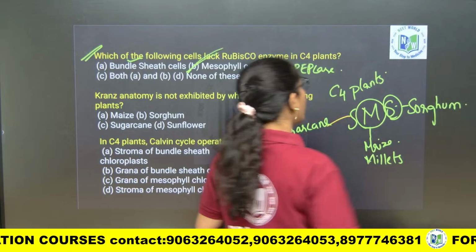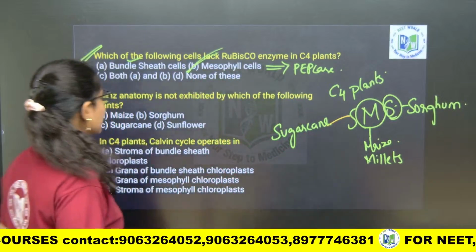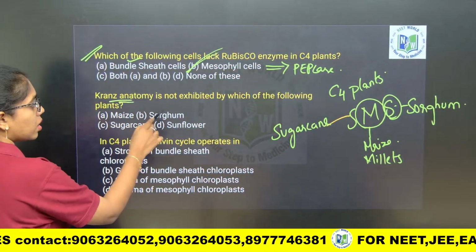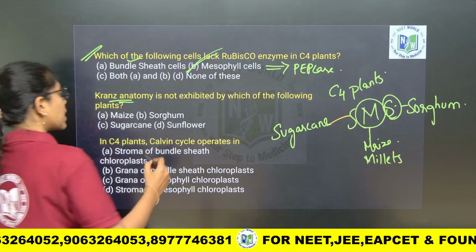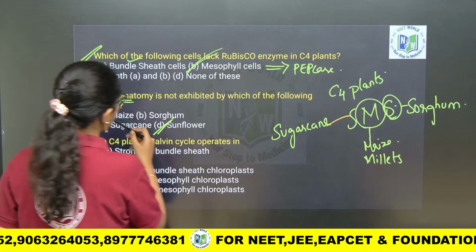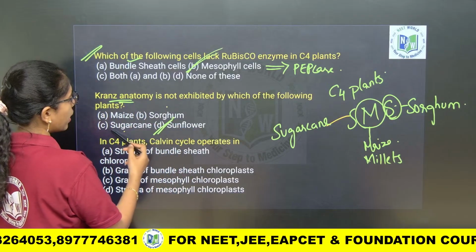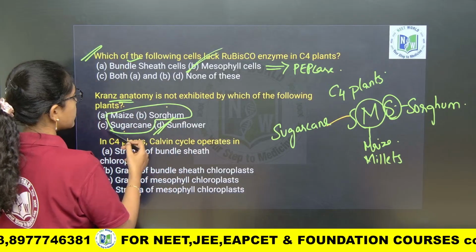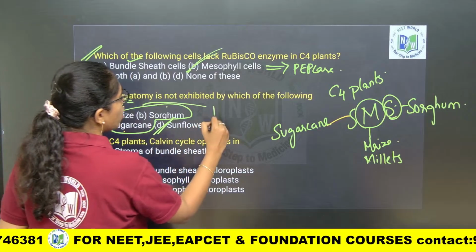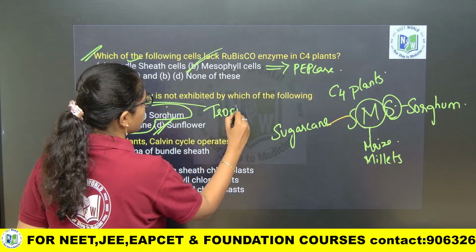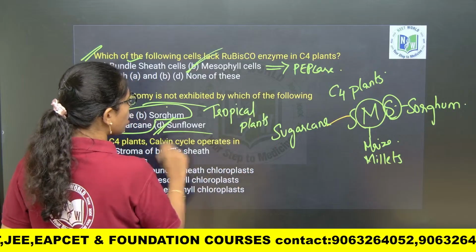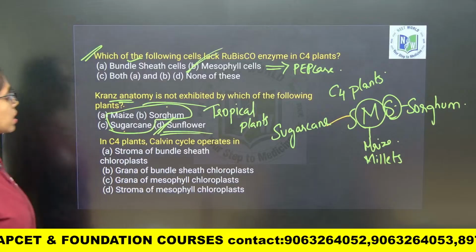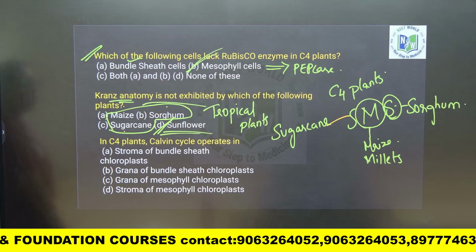They conduct the C4 cycle. So this C4 cycle or Kranz anatomy is not exhibited by sunflower, because in maize, sorghum, sugarcane the C4 cycle is activated. These are tropical plants. So here the option will be option D.